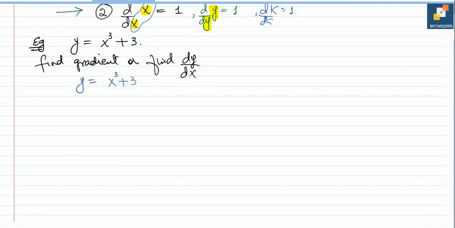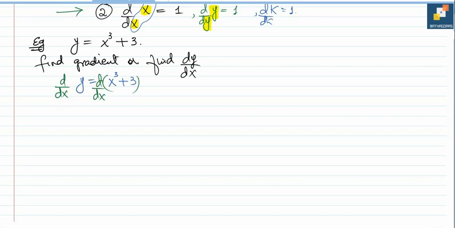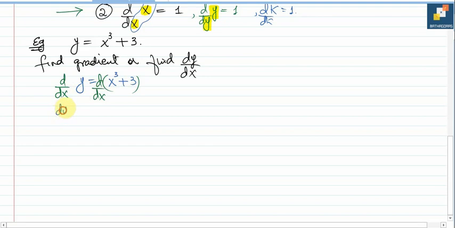Alright. Now we need to apply d by dx on both sides. So I am applying d by dx on the left side and I am applying d by dx on the right side. I hope all of you are clear up till this step. Moving ahead, dy by dx is equal to, now firstly I will multiply the d by dx with both of these elements inside the bracket.